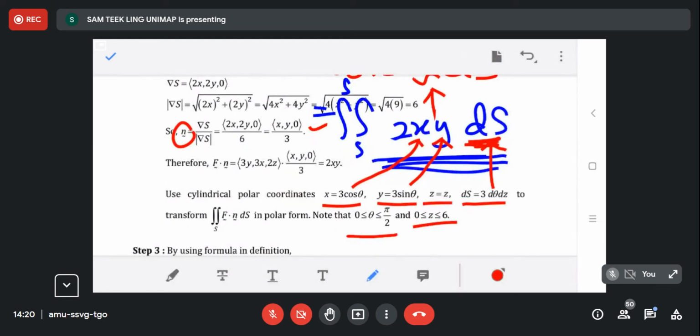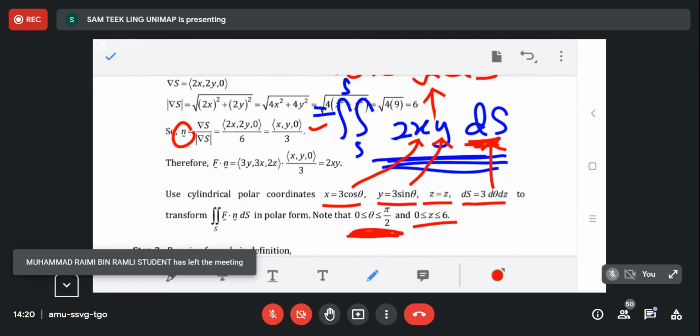So for a cylinder, how to find your limits, after that all is the same. If it's a full cylinder, the only change is theta, which is 0 to 2 pi. If it's a half cylinder, it's 0 to pi.